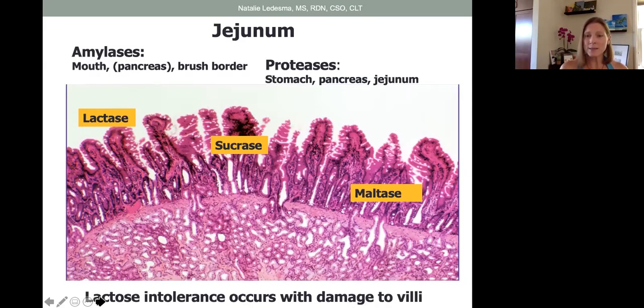Now, taking that slide a little more closely, this is a little snippet of intestinal villi, the little finger-like projections noted on the slide. This is important because at any time we have damage to our GI tract, and that damage could be a round of antibiotics, an anesthesia, medication. It could be gluten for a celiac patient.